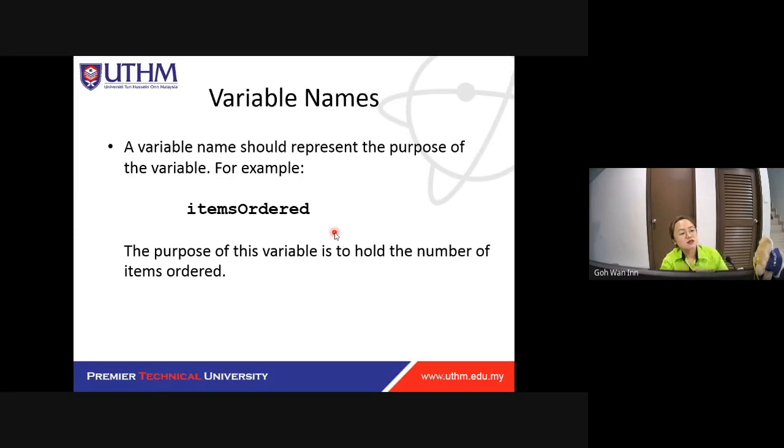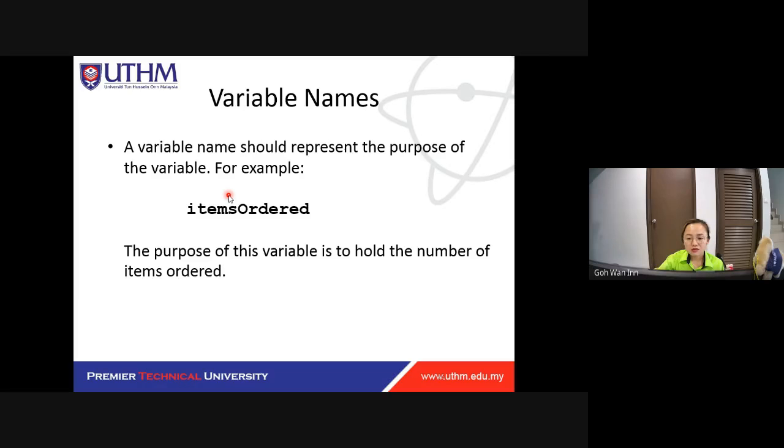Variable names. How do you name a variable? There must be some rules, right? You cannot simply name it whatever you like, because this is programming and they have already set the rules for the syntax. A variable name should represent the purpose of the variable. For example, items_ordered. Straight away you know that the variable must be the items that were ordered. Of course you can use A, B, C, X, Y, Z, but do they have any special meaning?